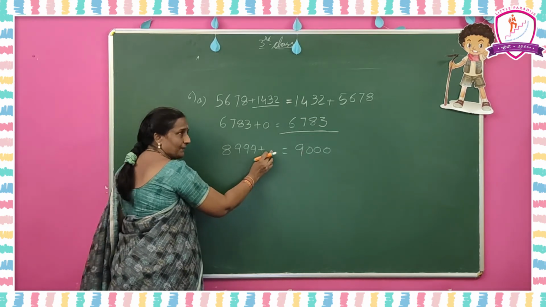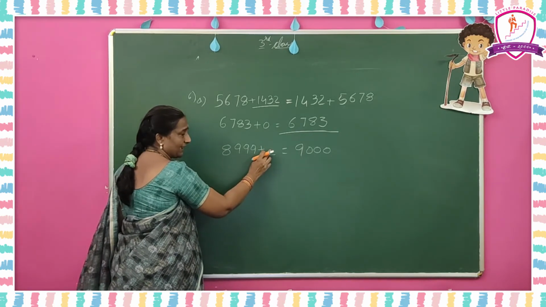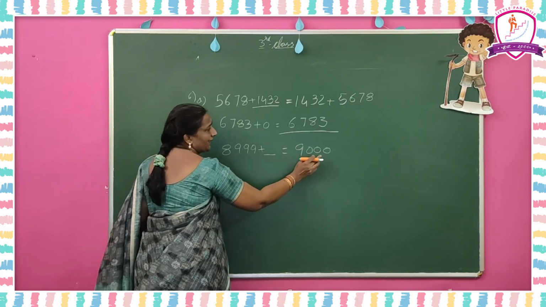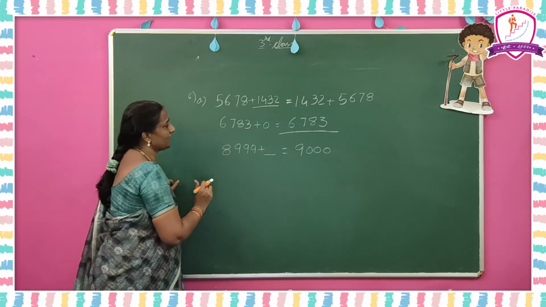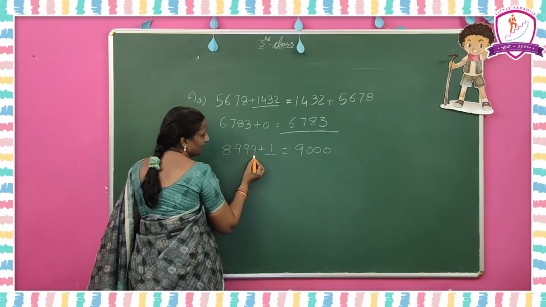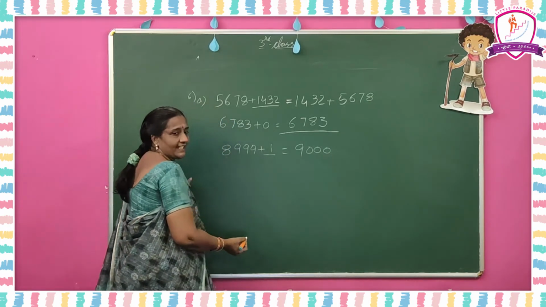If we add 1 to any number, we get the successor. Here 9000 is the successor of 8999. So take 1 here. 8999 plus 1 is equal to 9000.